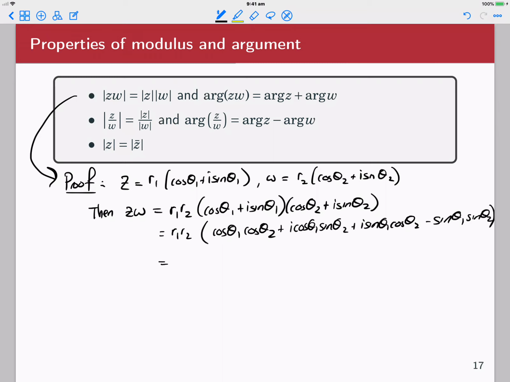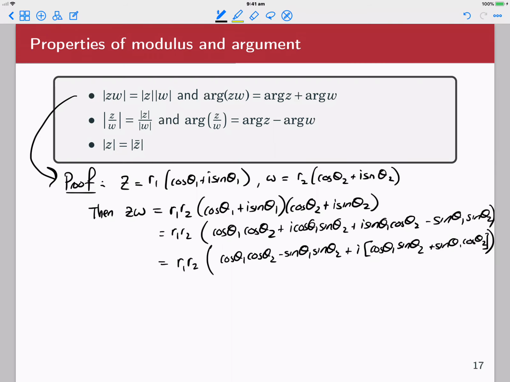Okay, and what happens next? I'm going to group it like this: cos theta 1 cos theta 2. So I'm going to group the real terms together and the imaginary terms together. Like that.